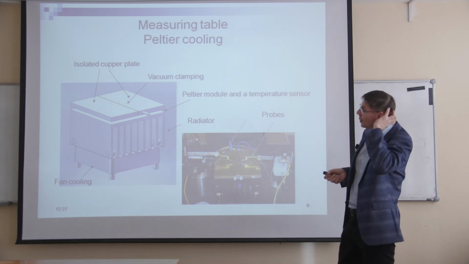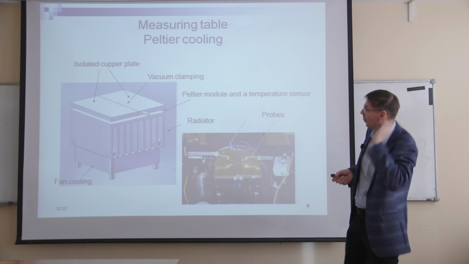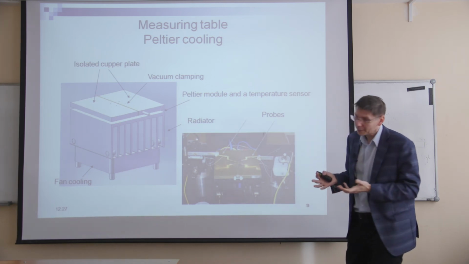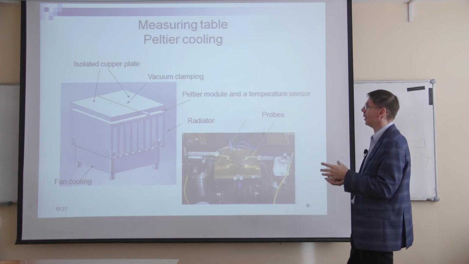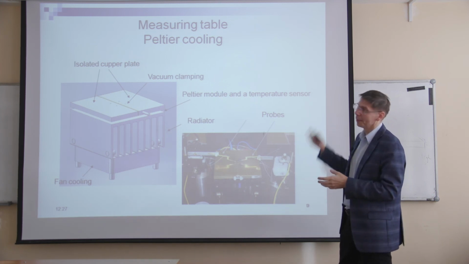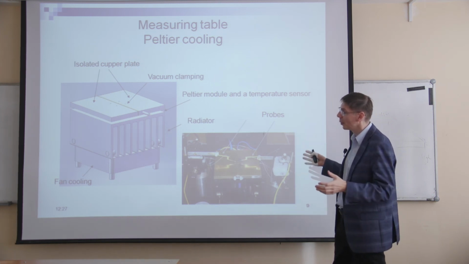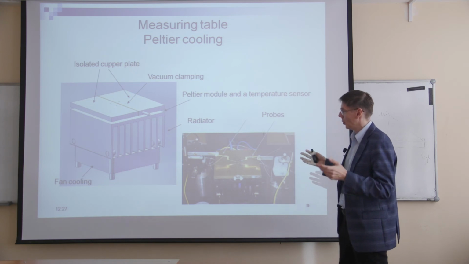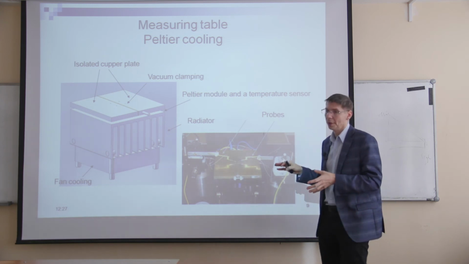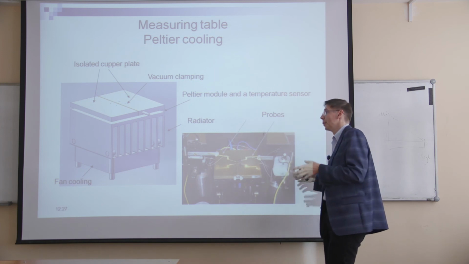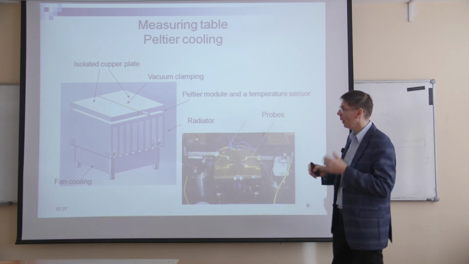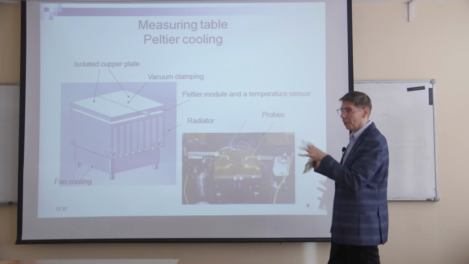Another approach is to use Peltier modules. The advantage is flexibility, so you can easily control the temperature in a wider range. Actually, the low temperature limit is related to the water vapor condition.